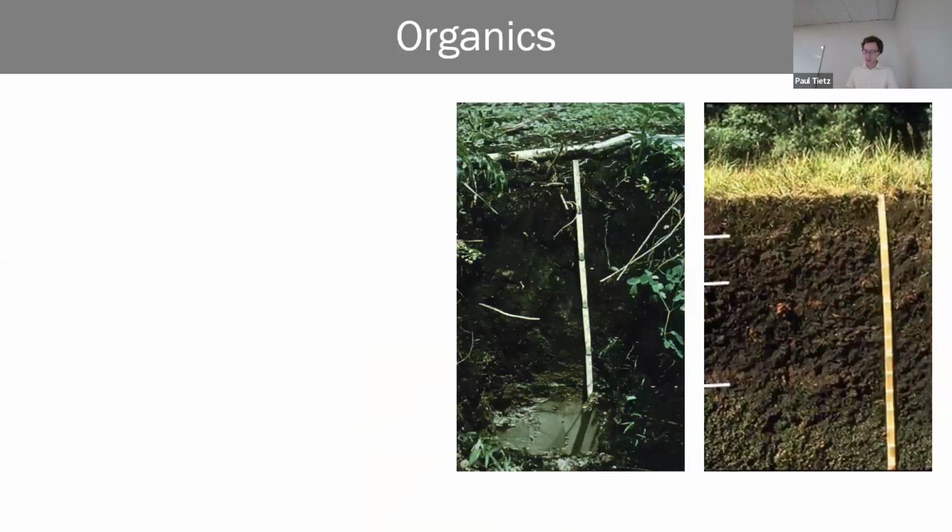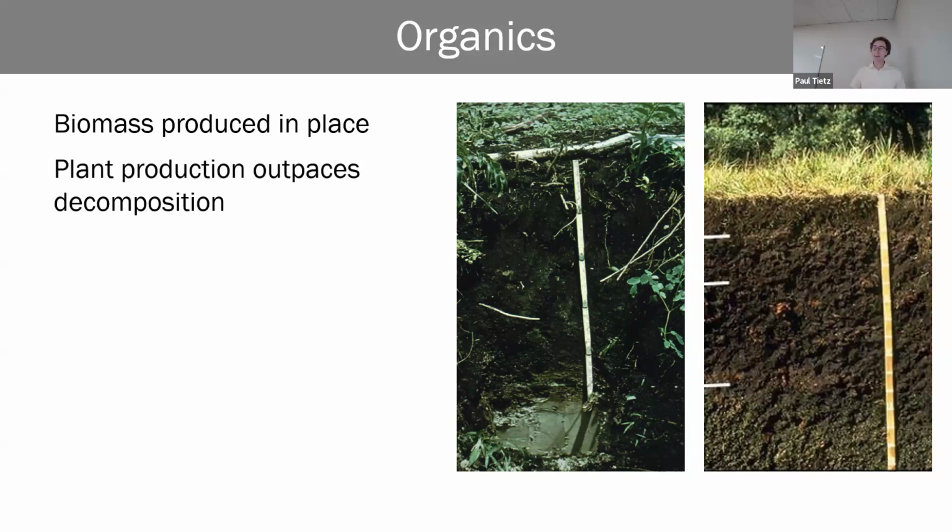Next is organics, whereas all the other ones are talking about sand, silt, and clay sediment delivery. Organics can be its own parent material where we have a lot of biomass being produced in place in a soil profile. Having this great buildup means we have plant production outpacing the decomposition of organic material.